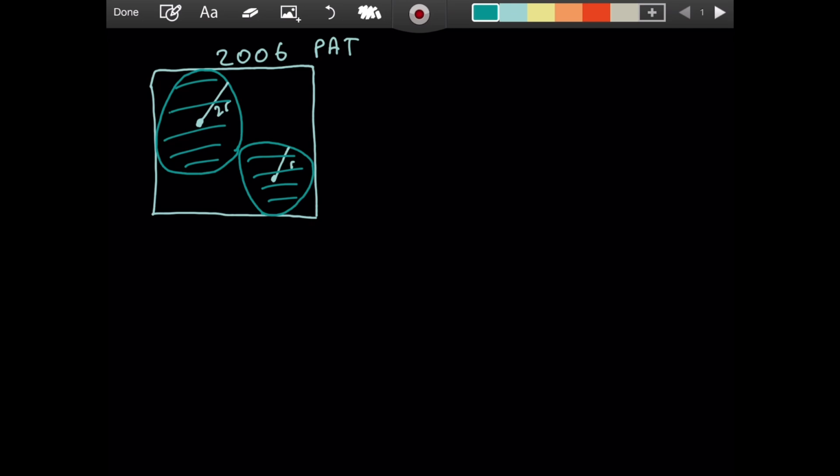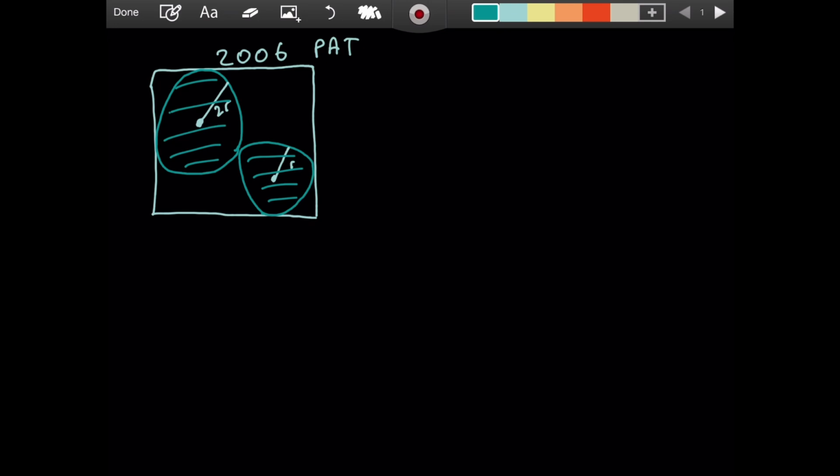Okay, so how do we start this question? Obviously, what we need to do at the end of the day is to figure out the length of one side of the square in terms of r. When we do that, we will easily be able to take the ratio. Of course, right now we can calculate the area of the two circles and add them.